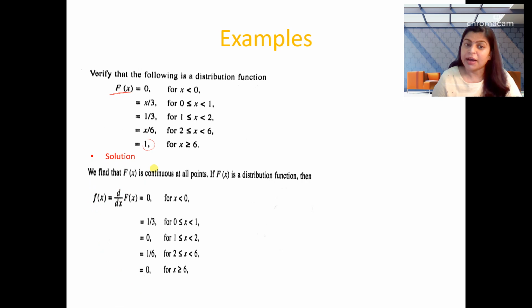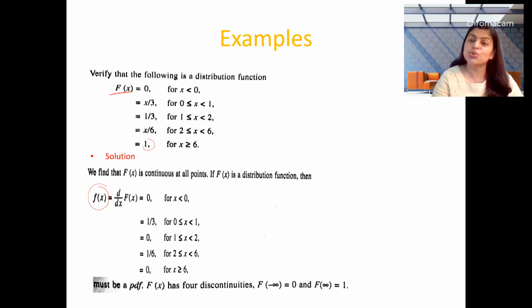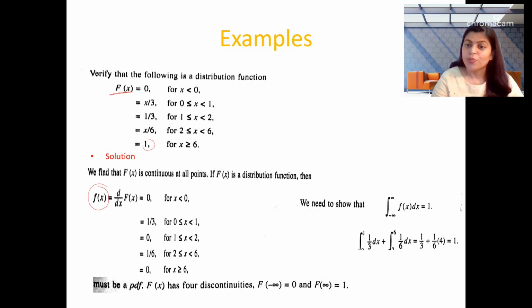Okay, and finally what we have to do is integrate this small fx from the lower limit to the upper limit, and if it is giving us 1, then it is a CDF. So here we need to show that the integral from minus infinity to infinity of fx must give us 1.